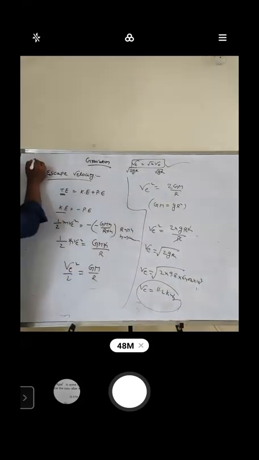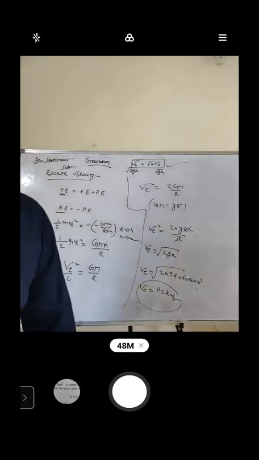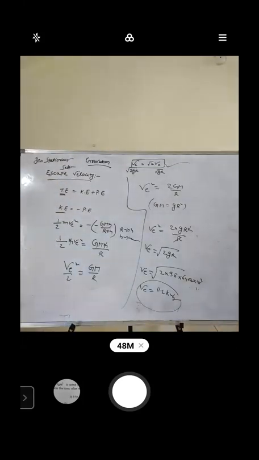Geostationary satellite. Why did they keep the name? What is meant by geo? Not J-I-O, G-E-O. Tell me what is meant by geo. Geographical. Okay, what is meant by stationary?